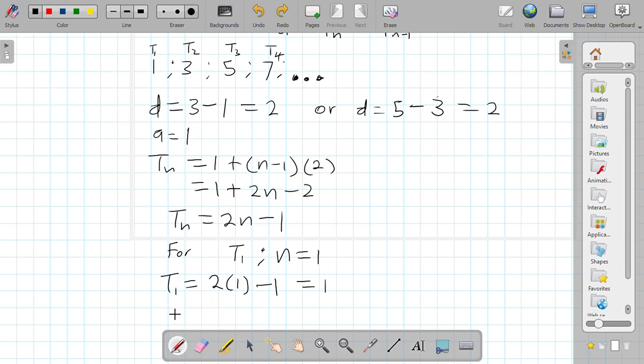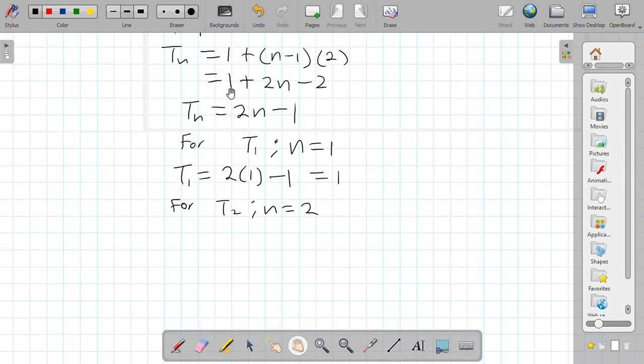You can go on to test term number 2, T2, where n is equal to 2. It is just a matter of substituting into your equation.